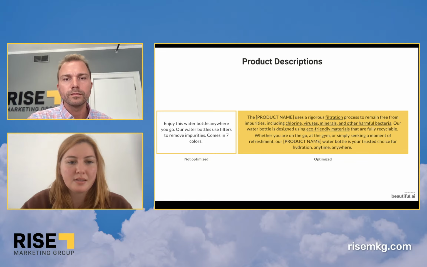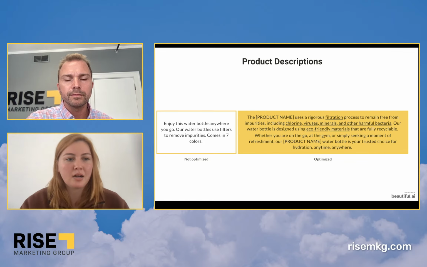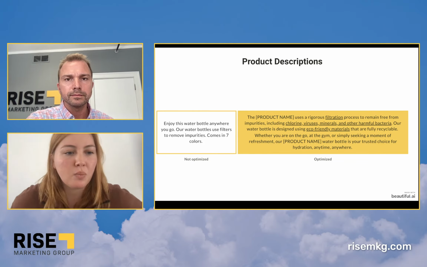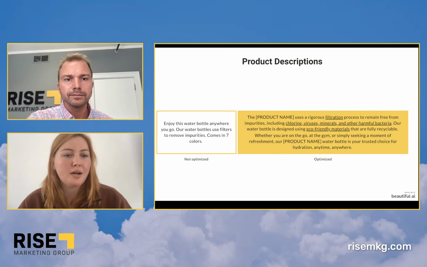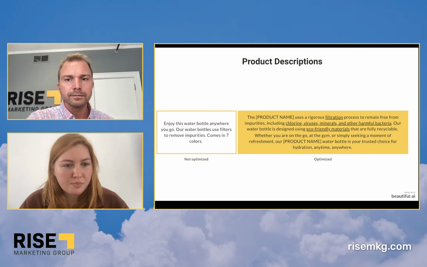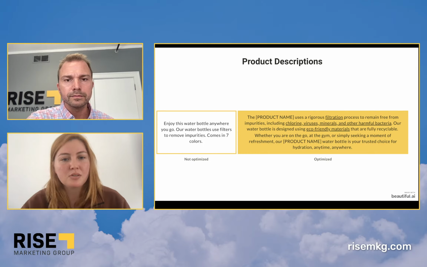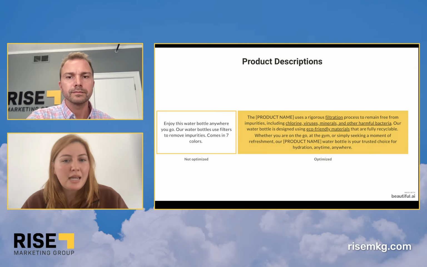One example is on this slide actually. A non-optimized product description for a water bottle will be very generic. It'll have maybe a little bit of specifications about the water bottle, like using filters to remove impurities. But the ideal product description is to include the product name.